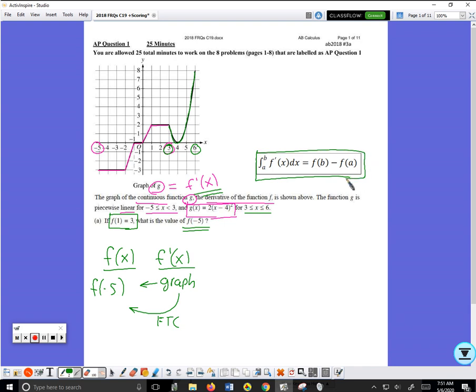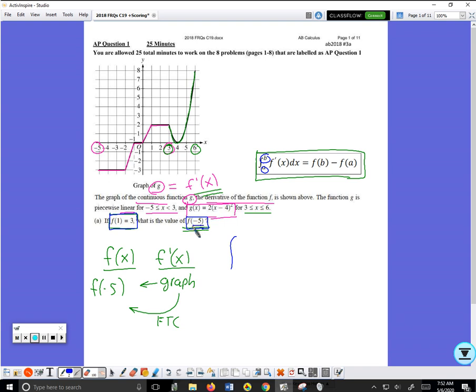Someone yesterday asked a really good question in the Q&A. They said when they go to use the fundamental theorem, they struggle a little bit to remember: write down the integral, what is A and what is B? Well, the two limits are going to be one value where you know f, right here, and the other value where you don't know f.